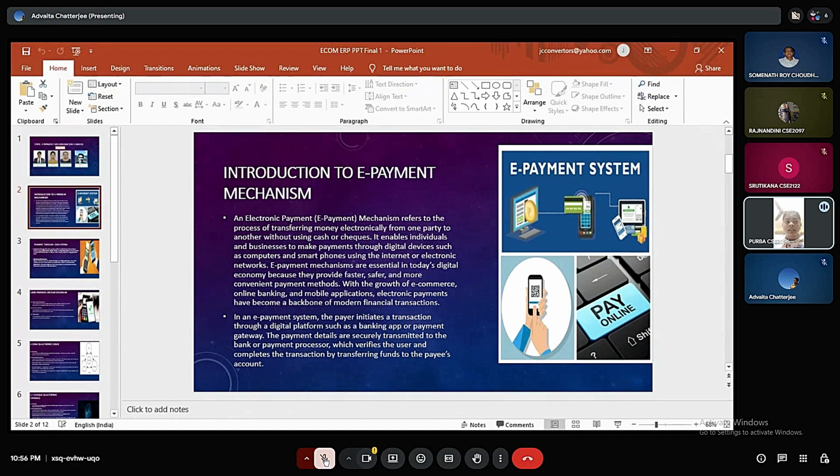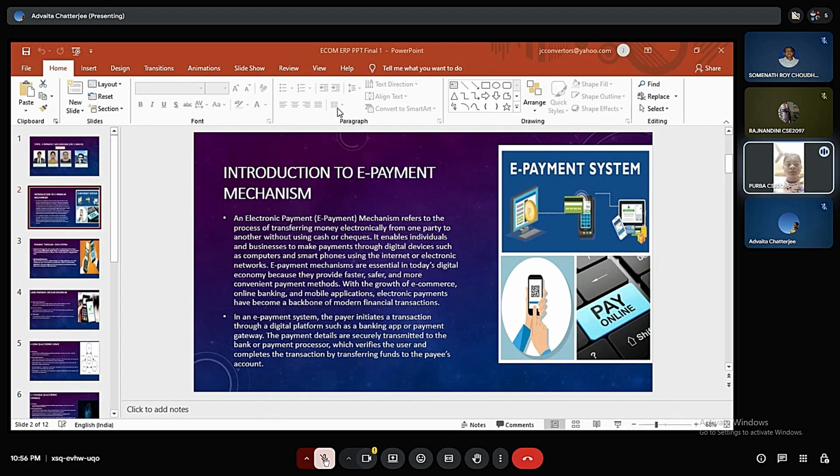Introduction to e-payment mechanism. An e-payment mechanism means transferring money electronically without using cash or check. It allows people and businesses to make payments using mobile phones, computers, and the internet. E-payments are very important in today's digital world because they are fast, safe, and convenient, especially for online shopping and banking.